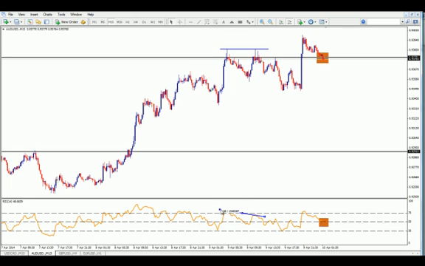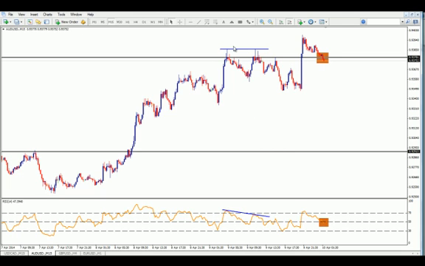Now, divergence. This is what we call a mild divergence. This is a mild divergence because price is not making higher highs, and the price is not making higher highs because we have a strong level of resistance here. But price is making flat highs, and the RSI is making lower highs. This means that we might have a double top in play.